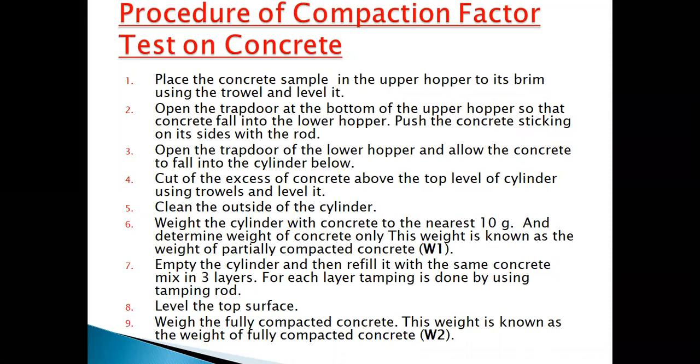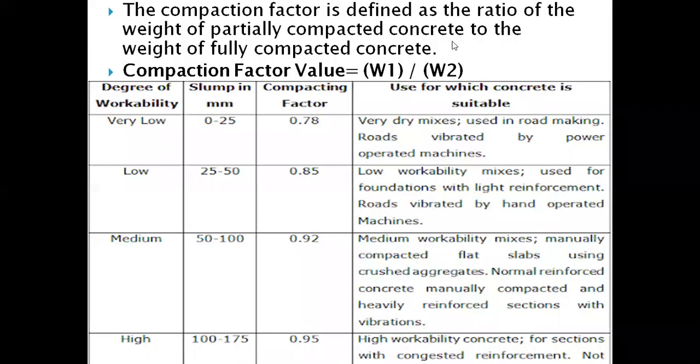So there are two weights: first, the weight of partially compacted concrete, and second, the weight of fully compacted concrete. The compaction factor is the ratio of the weight of partially compacted concrete, W1, to the weight of fully compacted concrete, W2. So the compaction factor is given by W1 upon W2.